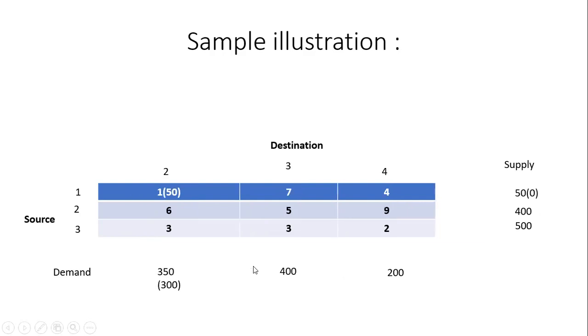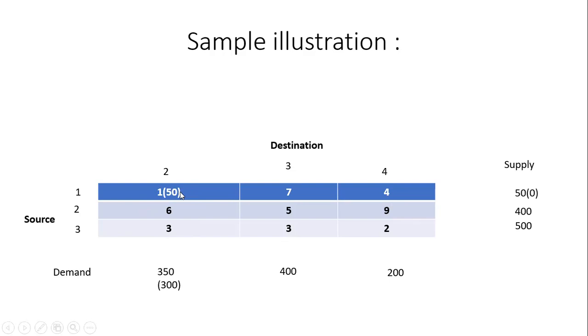So in the next iteration, according to the steps of the algorithm, compare the supply and demand in the second iteration. Here the supply is 50, demand is 350. So the minimum number is 50. Supply is less compared to the demand.